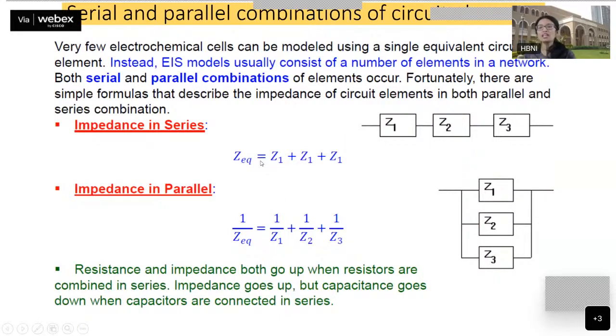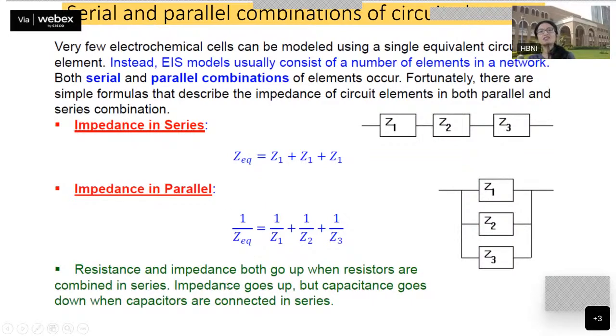So now, whenever you have an electrochemical cell, you cannot use a single circuit element to model that entire EIS spectra which is coming in. So you will have impedance in series, you will have impedance in parallel. You have to remember that mathematically, simple formulas can be used to add up impedance in series or in parallel.